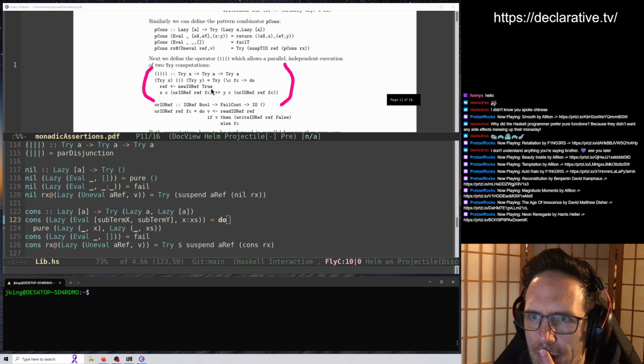So it's creating a new IO ref and is doing this or IO ref, which takes our continuations and does an IO action as well, an IO unit there. So that one would be fine.